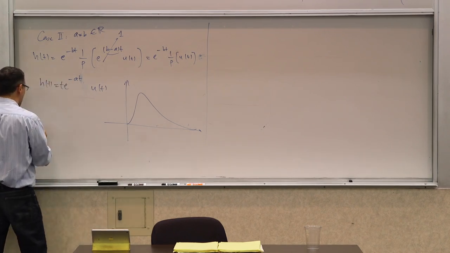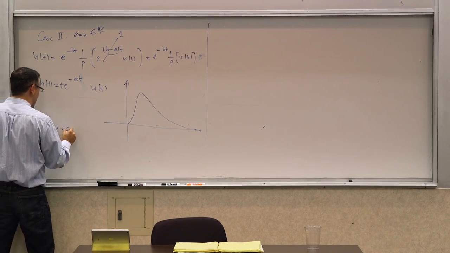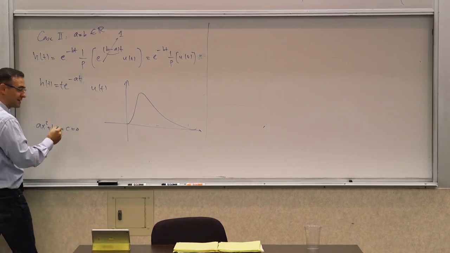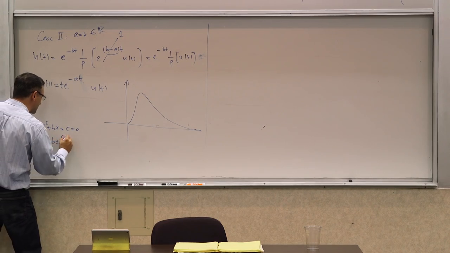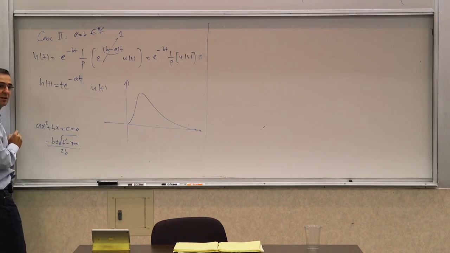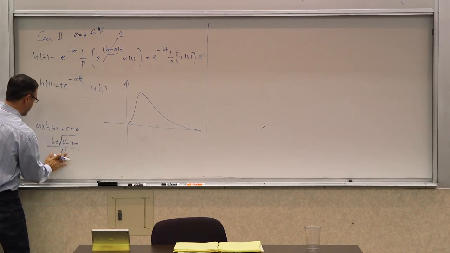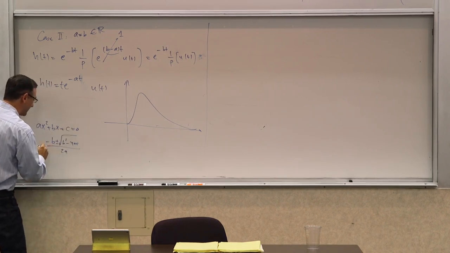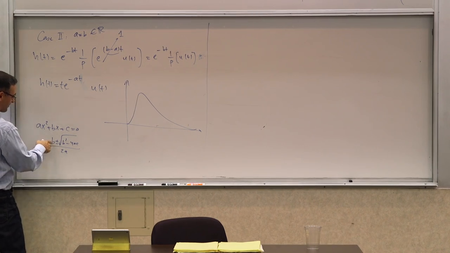So what are the roots of the classic quadratic equation? If you write it the standard way, you get negative b plus minus the square root of b squared minus 4ac, divided by 2a, sorry. I was forgetting. Otherwise it would be useless because it would be b divided by b. So this is the x, right?